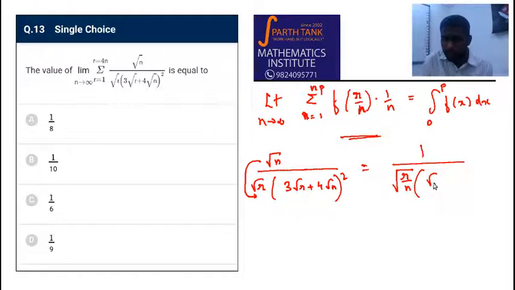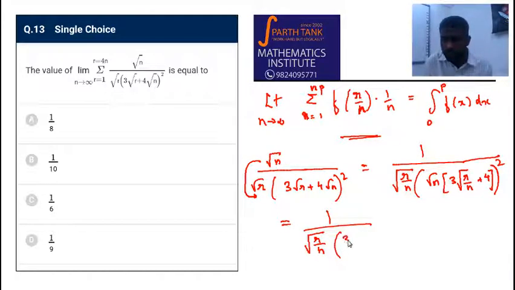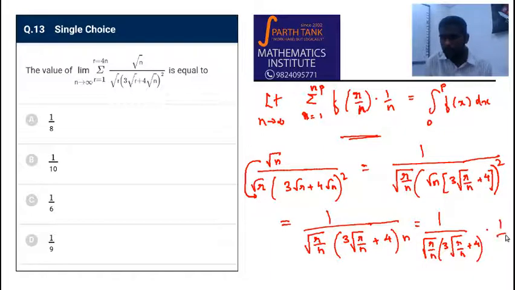So this gives me square root of n into 3 times square root of r by n plus 4, the whole square. This becomes 1 by square root of r by n into 3 times root of r by n plus 4, the whole square, and this root n squared is n, right? So now I have 1 by square root of r by n, (3 root of r by n plus 4) the whole square, times 1 by n. I've got a function of r by n.